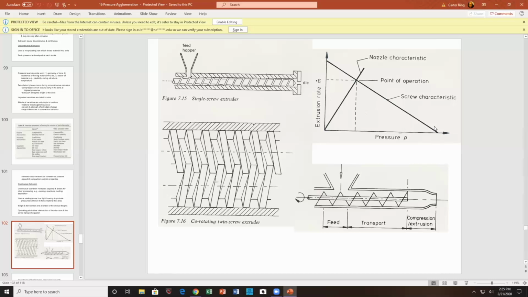Because obviously you do not want to operate at low pressure over here, although you have high flow rates; low pressures probably won't go through the dies. Up here you have high pressures and low flow rates. This won't go through the die. This will have no flow rates. So the idea is you want to operate in the middle here, away from the extremes.